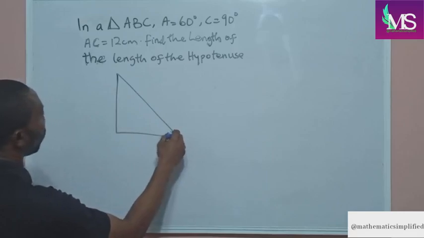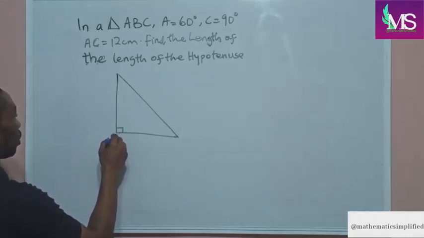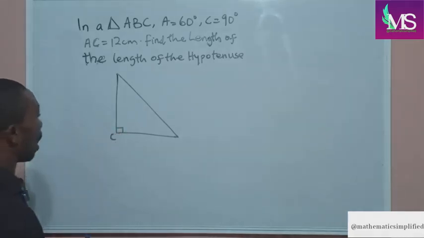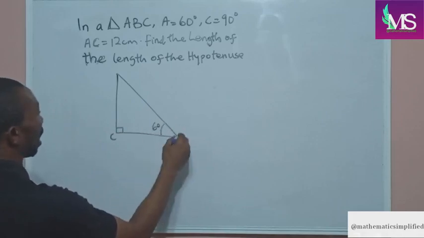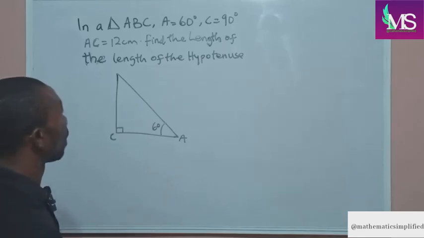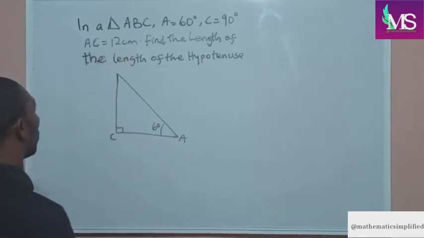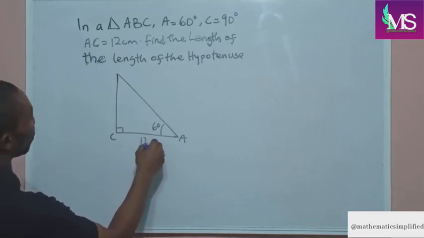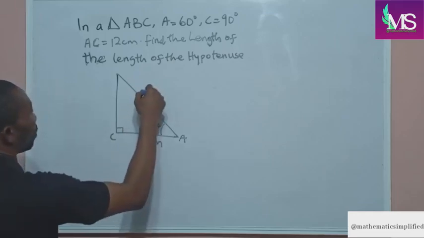Now we know from our given information that C is 90, so this angle becomes C, and A is 60. So we can label here to be 60 degrees, and this is point A. And we are told that AC is 12. So line AC here will be 12 centimeter. And we are asked to find our hypotenuse.